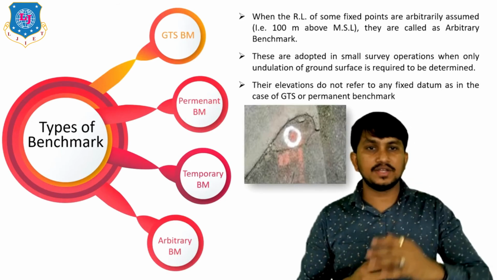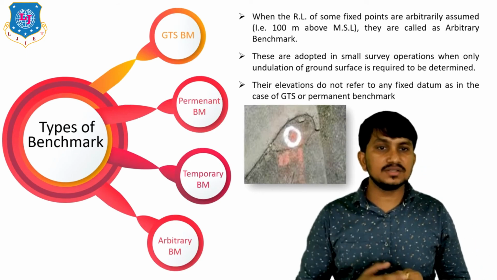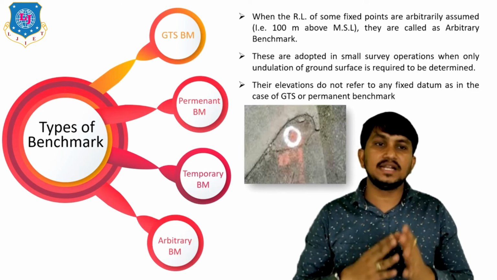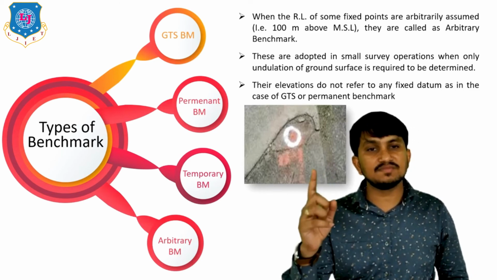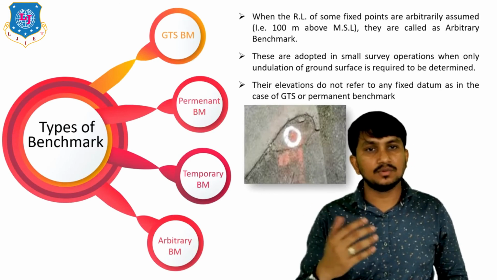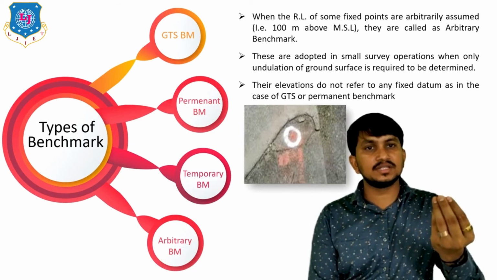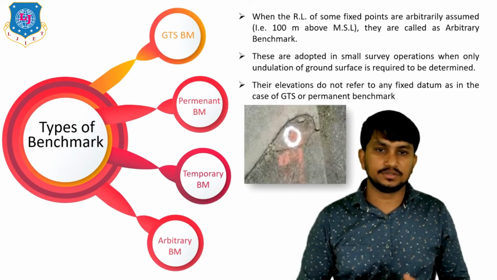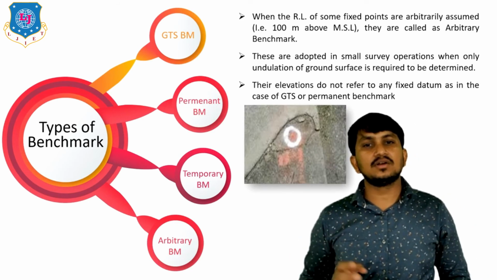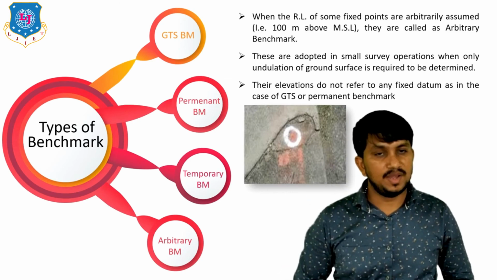It is not related to the actual MSL. Their elevations do not refer to any fixed datum, as in the case of GTS benchmark or permanent benchmark. We have to assume one point as our benchmark and assume its reduced level as 100 meters or 50 meters. So this is called an arbitrary benchmark. That's all about various types of benchmark.